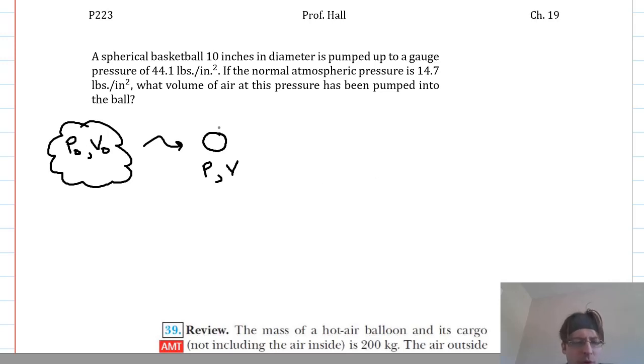Okay, so there's a shortcut way to do it. What you should always look for in these problems is what things stay constant. What stays constant between the initial picture and the final picture? N is constant.